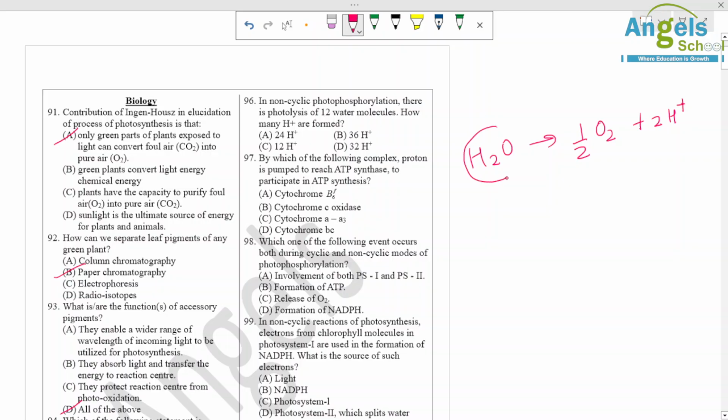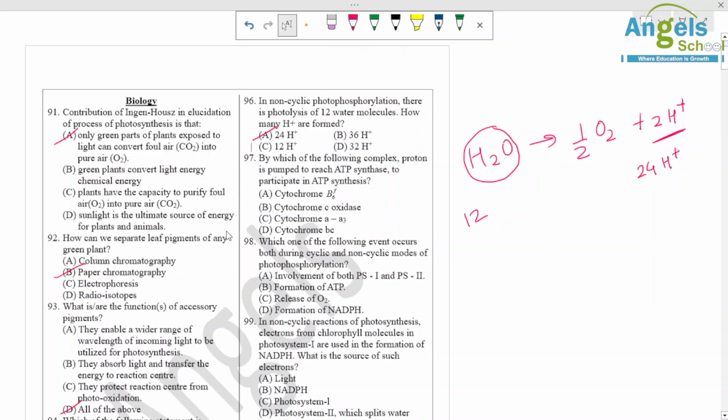If we have one molecule of water, then we get 2H plus. If we have 12 molecules of water, then 12 twos are 24. 24 H plus is generated, so 24 is the right answer.